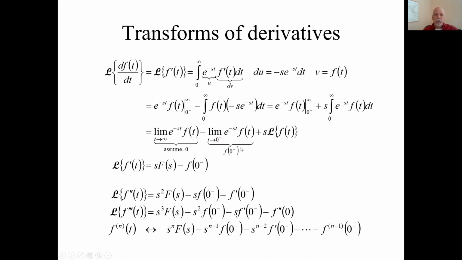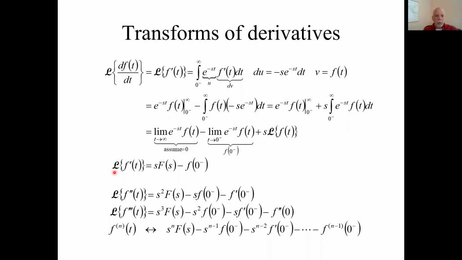It's just the function evaluated at 0, or the limit at 0 from the left, the way we define the Laplace transform. And this guy, as t goes to infinity, if the original f function had a Laplace transform, it should be true that this is 0.